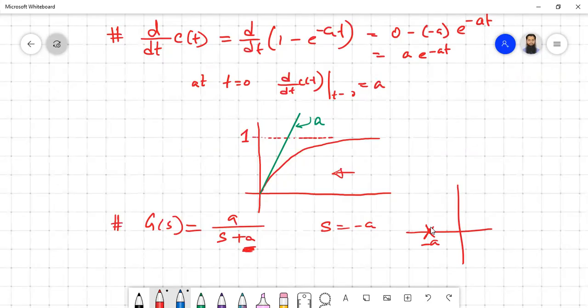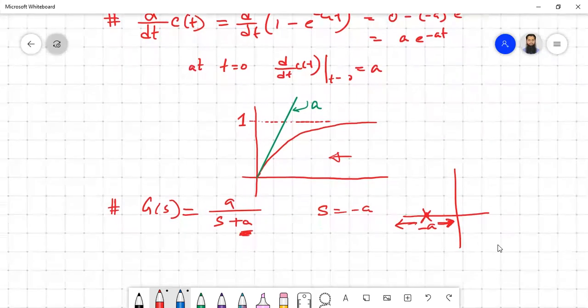And correspondingly, if the value of a is higher or lower in magnitude, then your system response will be faster or slower. So this is what you can also relate with your pole location and your exponential frequency.